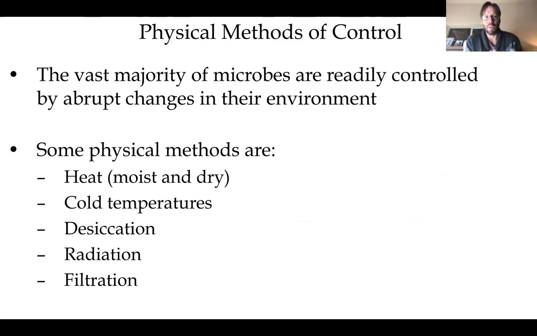And so if you change the conditions of that niche, you change the ability of these microbes to survive, whether it's heat or the lack of heat, or drying out the environment, or irradiating the microbes themselves, or filtering by removing the microbes. All of these things are ways in which we physically control microbes. And we'll talk about chemical and stuff later.